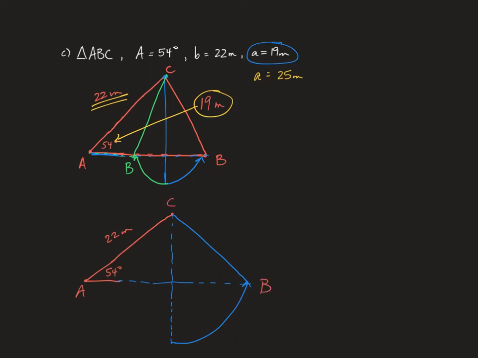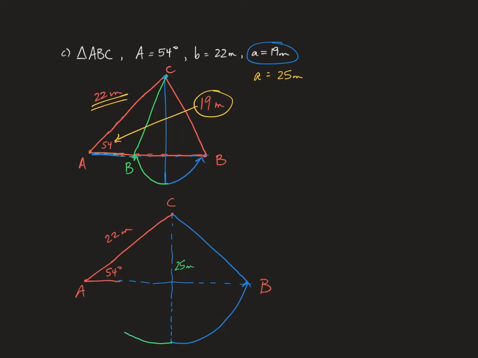A, C, and B. I'd like you to notice, though, that we don't have the ability to swing our line in the other direction. Watch what happens as I try to take that side length that is 25 and swing it up.